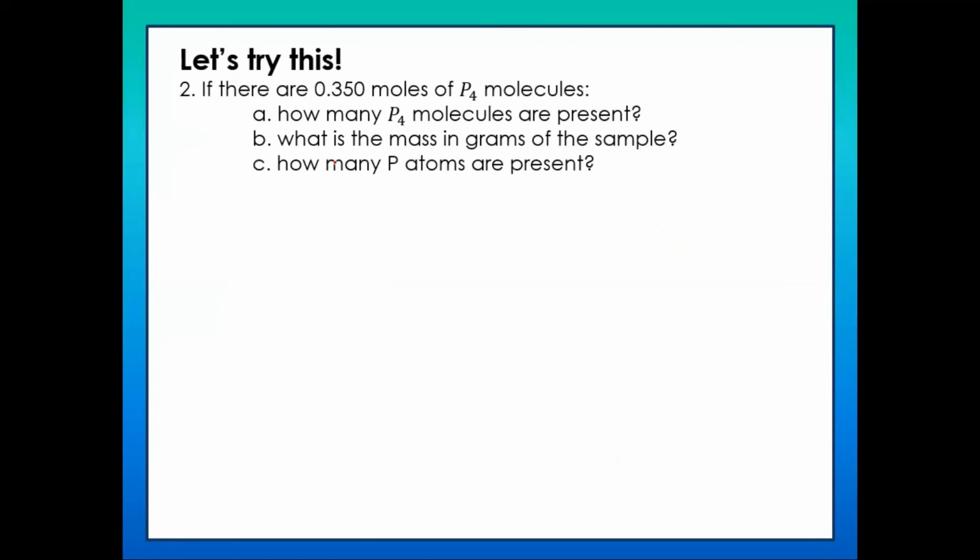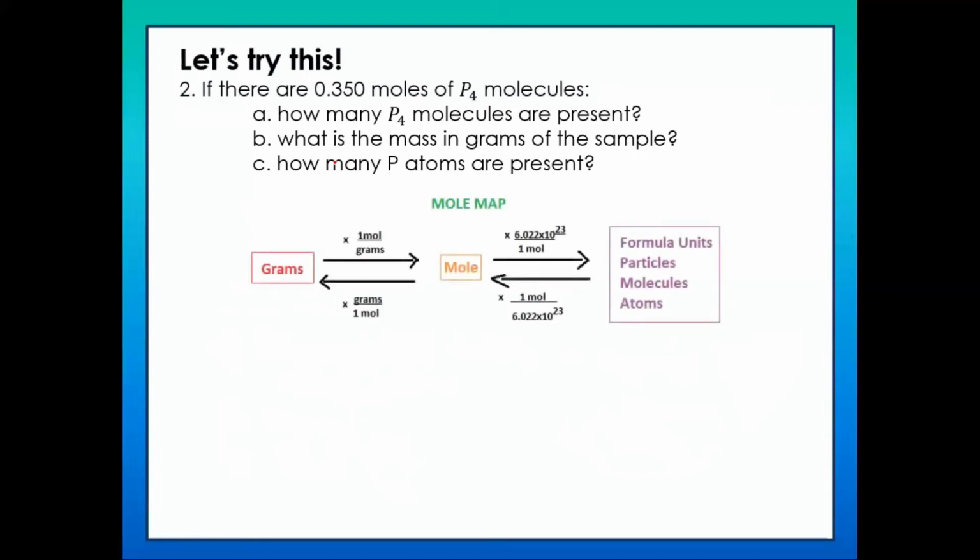And letter C, how many P atoms, or phosphorus atoms, are present in the molecule, having that 0.350 moles. Still, we're using this mole map para we can properly know the right dimensional analysis to be used in each of these questions. So, GRESA pa rin tayo para mas maayos.